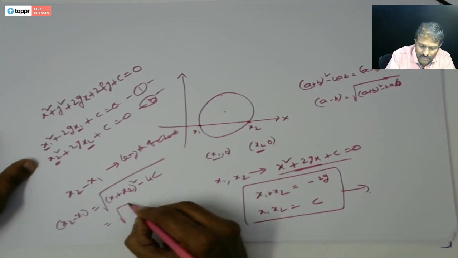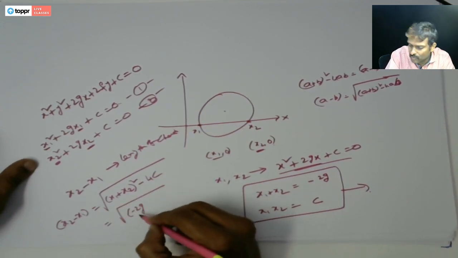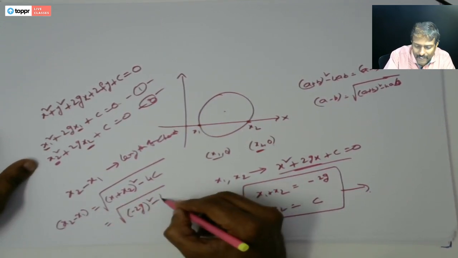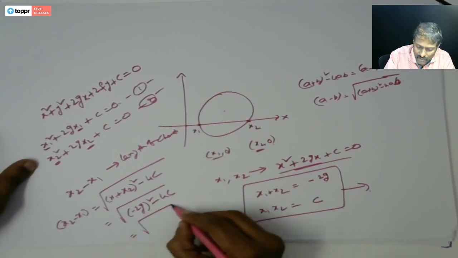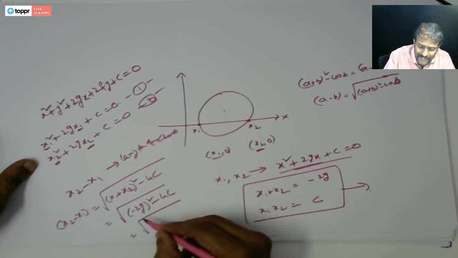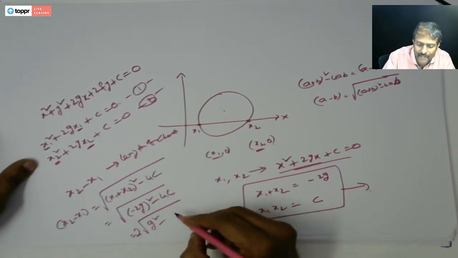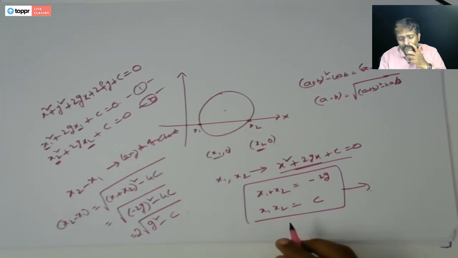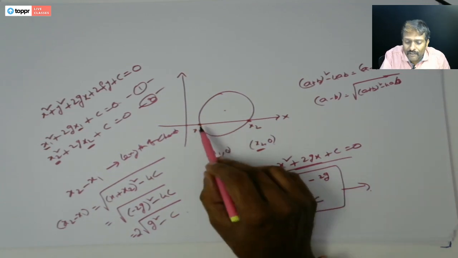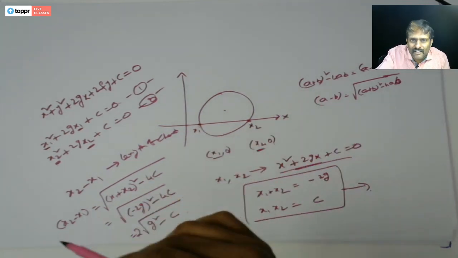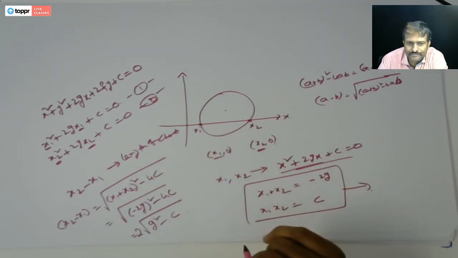So this is the square root of minus 2g whole square minus 4c, which is, taking 4 common, 2 times the root of g square minus c. This is the length of the chord when a circle cuts the x-axis.